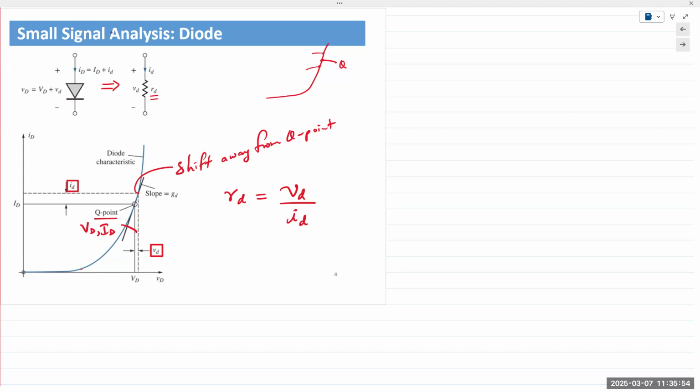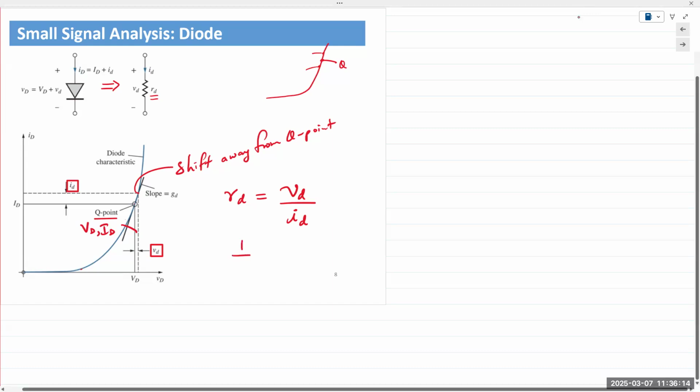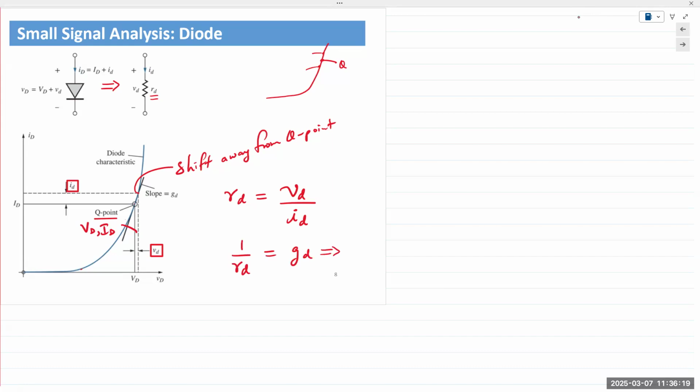Ohm's law. And if we take the inverse of rd, meaning the conductance, which is given by the slope of the characteristic, gd. So diode resistance is rd, diode conductance is gd.